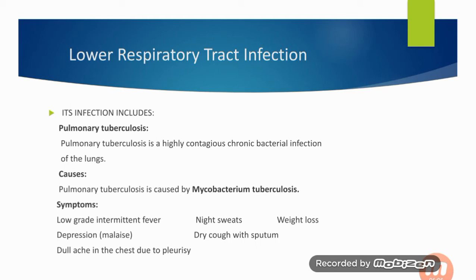The Mycobacterium is a strict aerobic bacterium, and in this disease the immune response is in the form of cell-mediated immunity, means the antibodies are not produced here to eradicate the pathogen. Rather, different types of macrophages, which are the cells present in the lungs, are here to eradicate the pathogen.